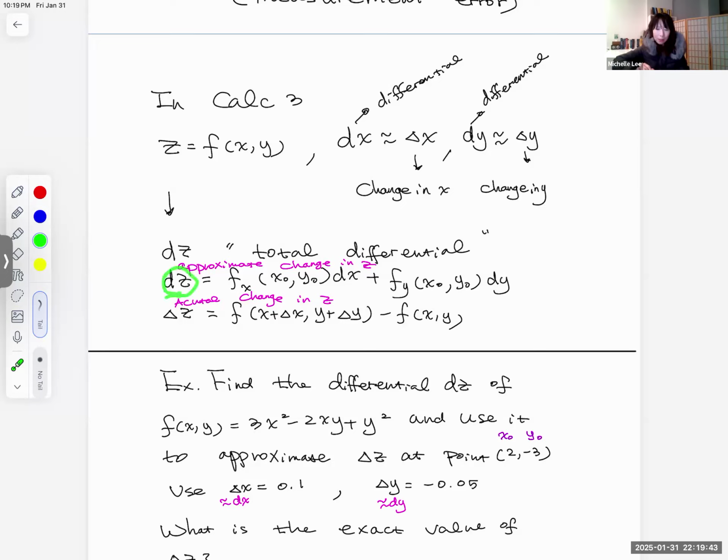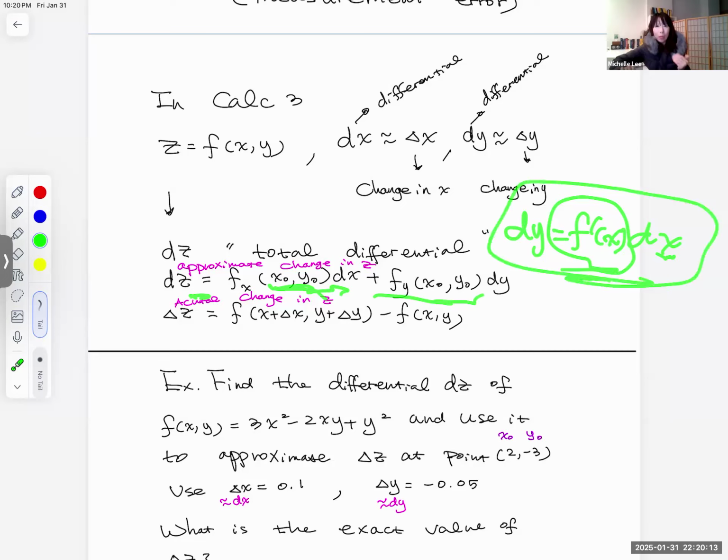How do you make dz? We had dy equal to f prime of x dx in calculus 1. We follow the same concept, but we cannot just take the derivative with respect to x, because we have more than one variable. So we take the partial derivative with respect to x and the partial derivative with respect to y, right? It's the same concept.